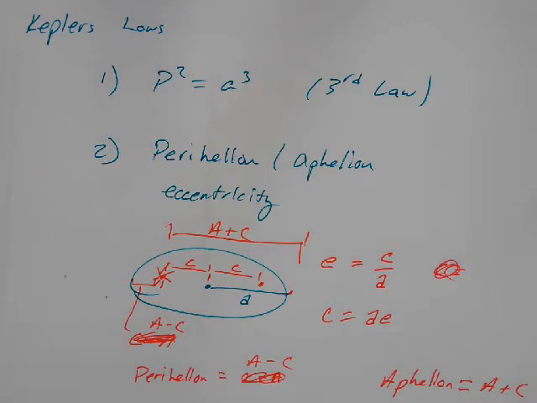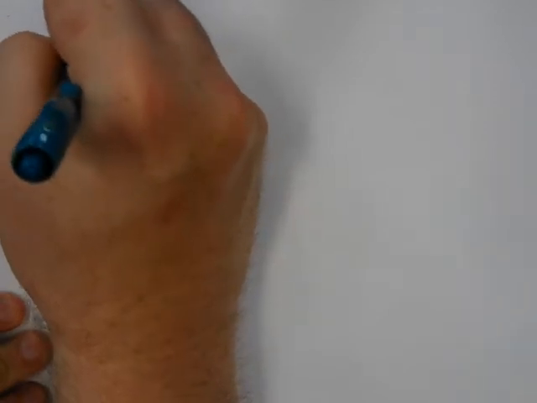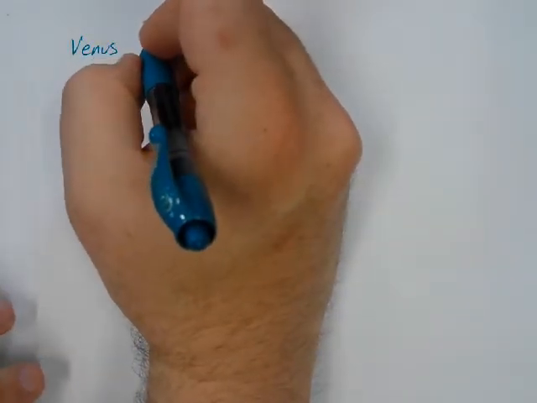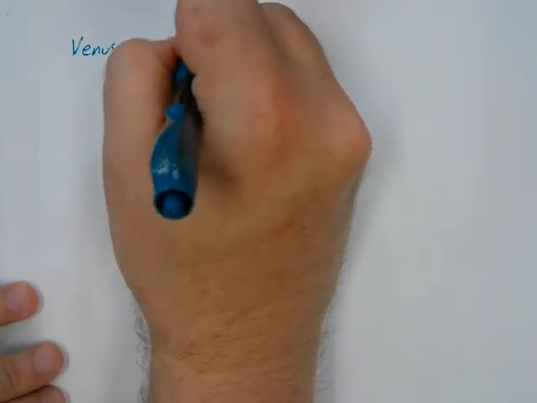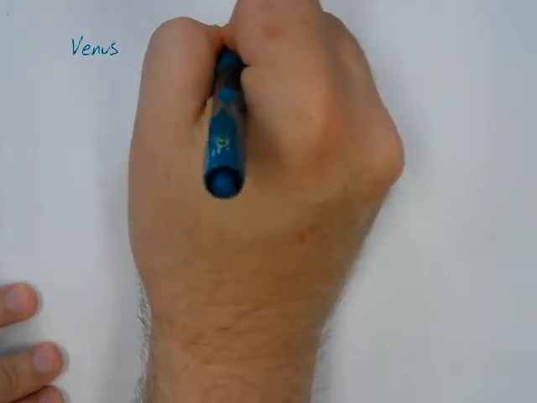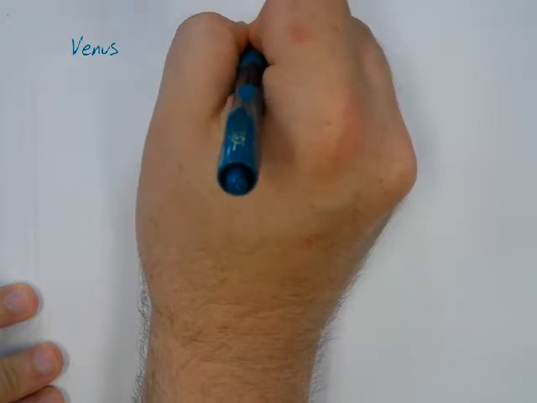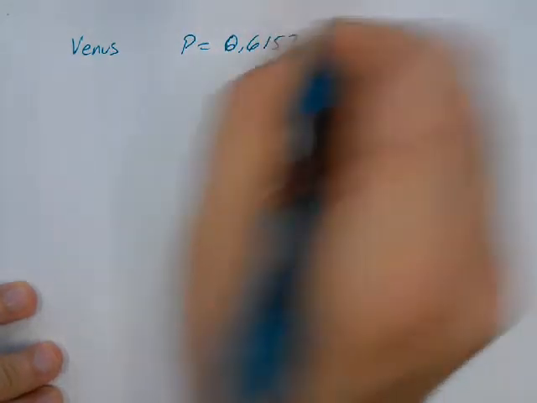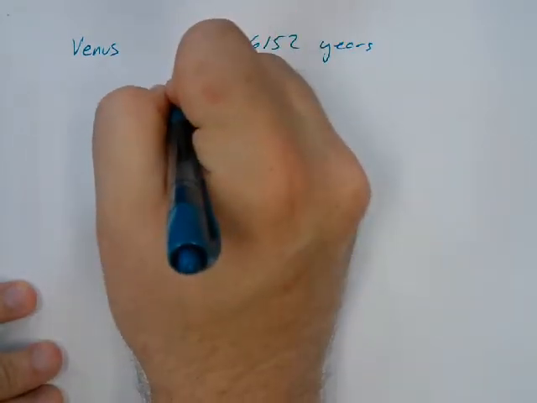What I'm doing is looking straight at the data tables on page A15 in the appendix of the book. For Venus, we can look and say that the period is 0.6152 years. What we want to know is what is a.